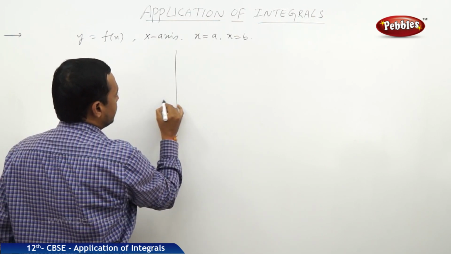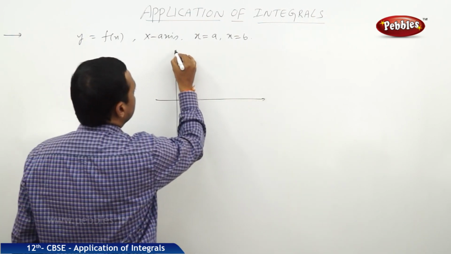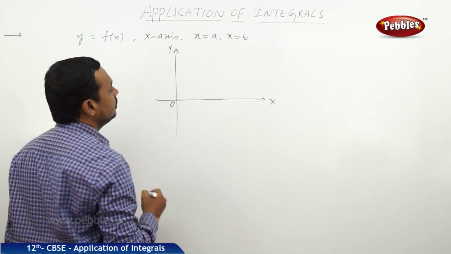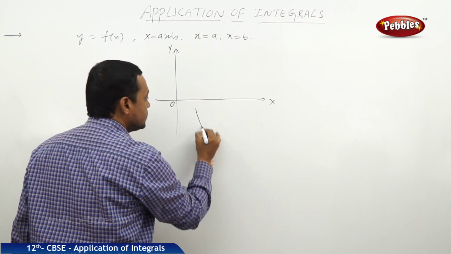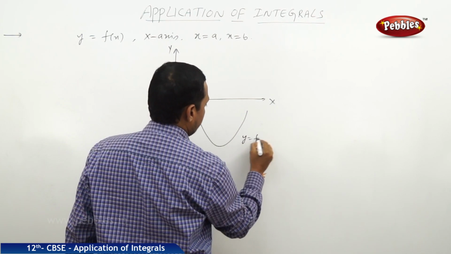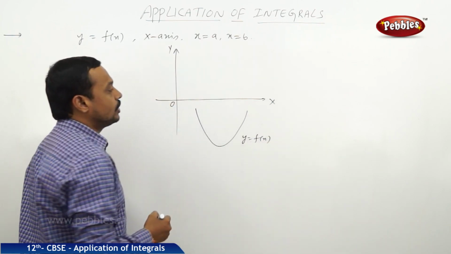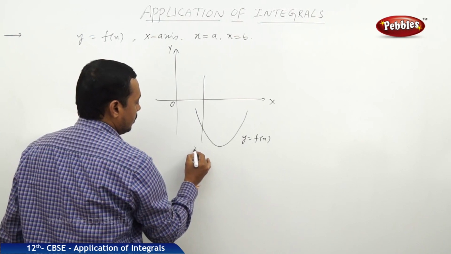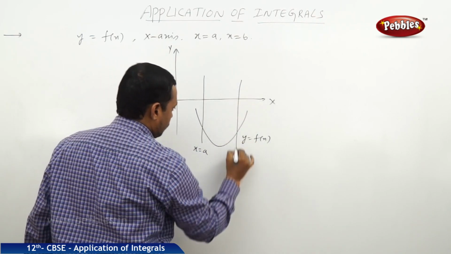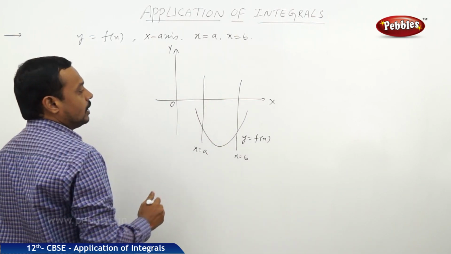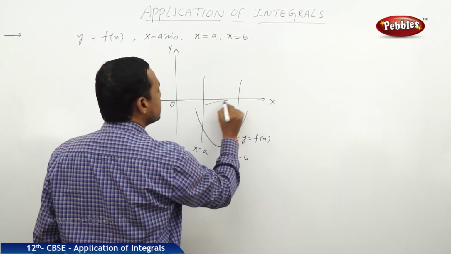Now, as shown in the diagram, this is the x-axis, y-axis, let this be the origin. Suppose the curve is like this, now this is the curve y is equal to f of x which is completely below the x-axis under the limits x is equal to a and x is equal to b. Now, how to find this area? Here also we can use the same formula.